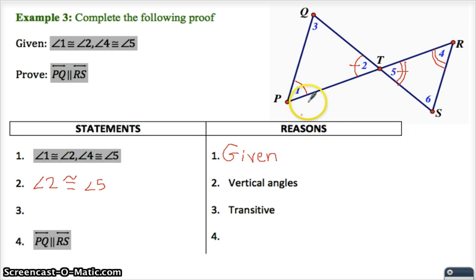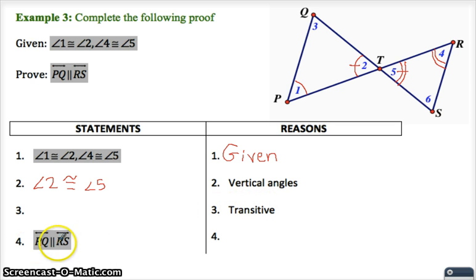That's great. And so now I know anything congruent to 2 would be congruent to 5, and because they're all congruent to each other, that is exactly what transitive is for. So I need to use transitive somehow, and look at all this stuff I've got to work with. 1's congruent to 2, 2's congruent to 5, 5's congruent to 4. See how I did that in that order? 1's congruent to 2, 2's congruent to 5, 5's congruent to 4. So really all of them are congruent.